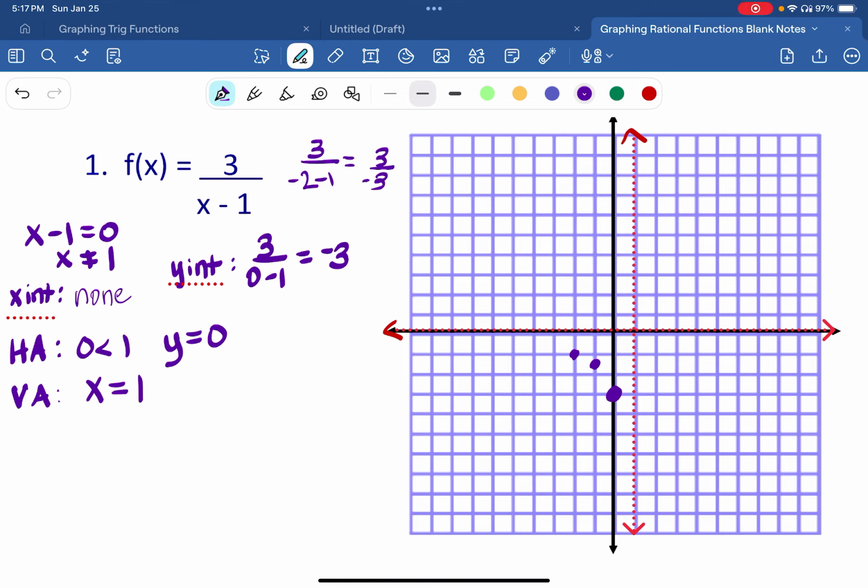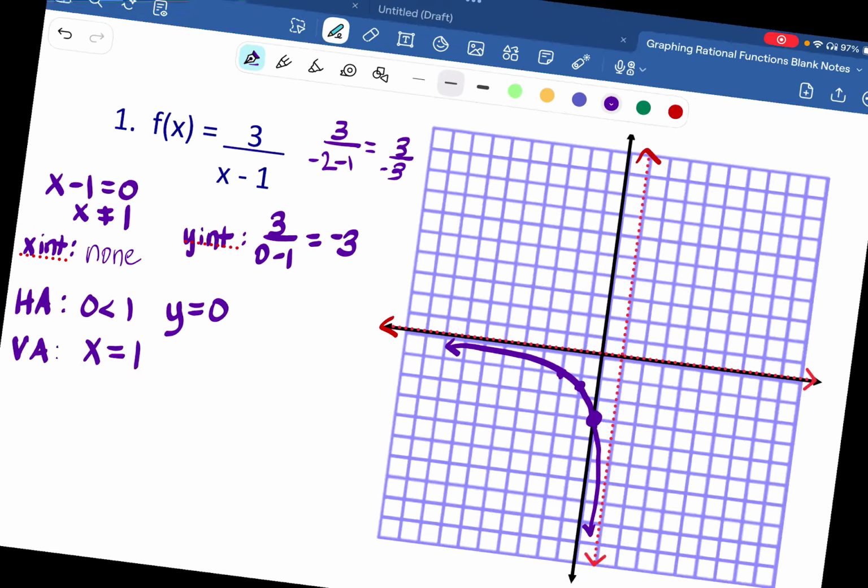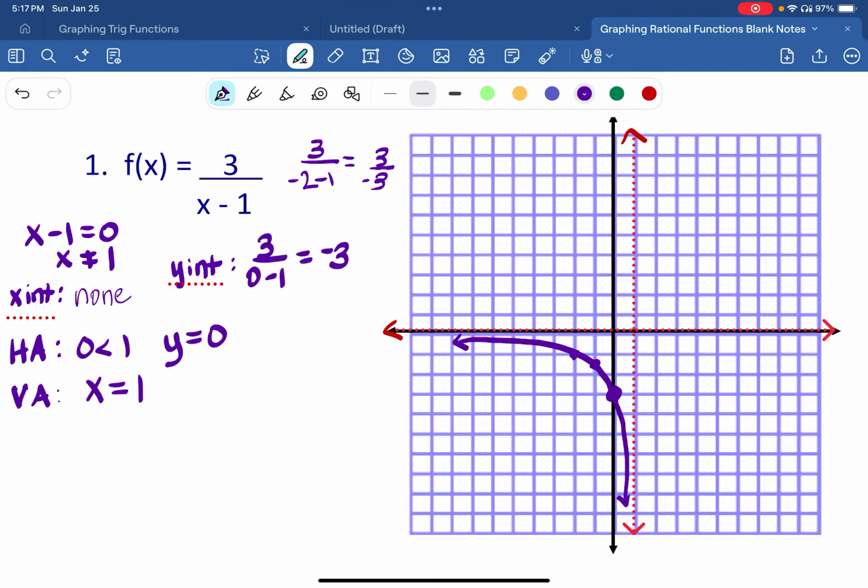The rest of it, we're just going to sketch. Give it a good sketch there. It doesn't have to be completely exact. Sorry, my program doesn't like the way I'm drawing this. Okay, there we go. It doesn't have to be completely exact, but as long as you have it pretty close. So now we're going to go to the right.